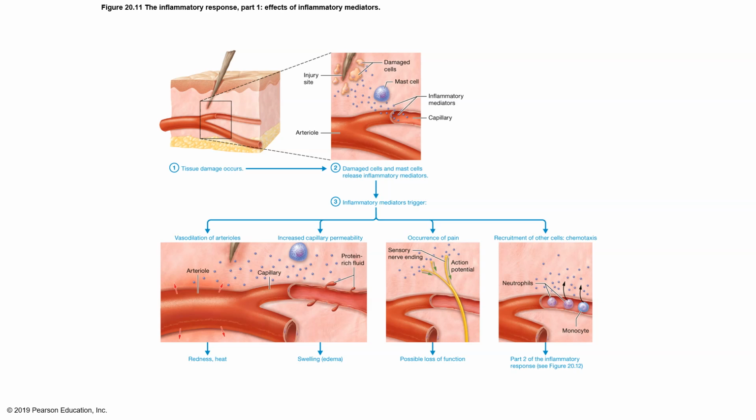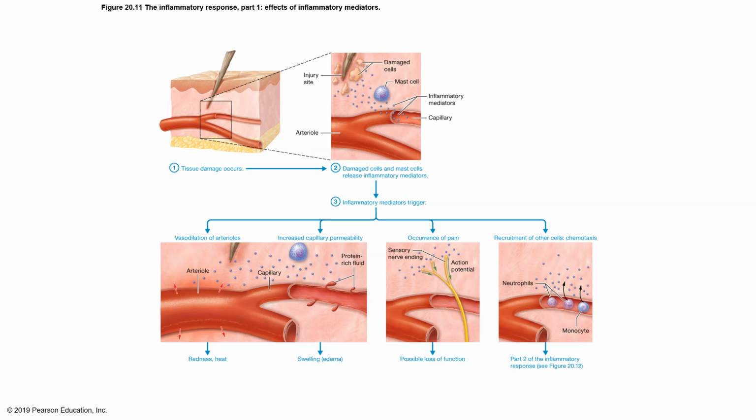The redness is because of the increased blood flow, and the heat, and then the swelling from the edema from the increased capillary permeability. But those are all secondary to those inflammatory mediators that have been released. So first, vasodilation of the arterioles, then increased capillary permeability. That results in swelling and edema.